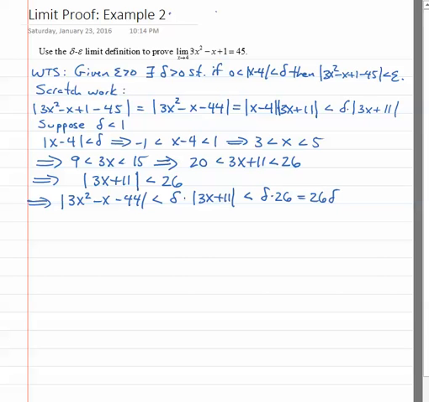Again, if this is the quantity we want to equate to epsilon, that would tell us that delta should be epsilon over 26.